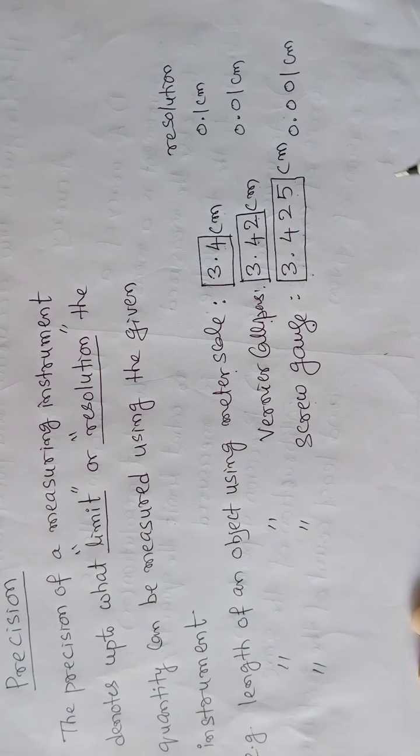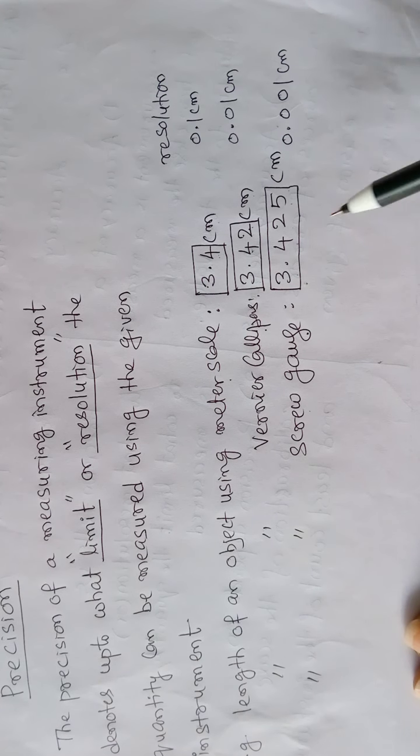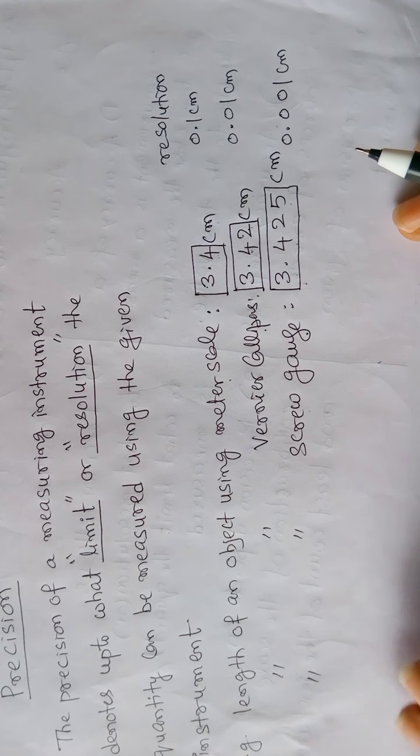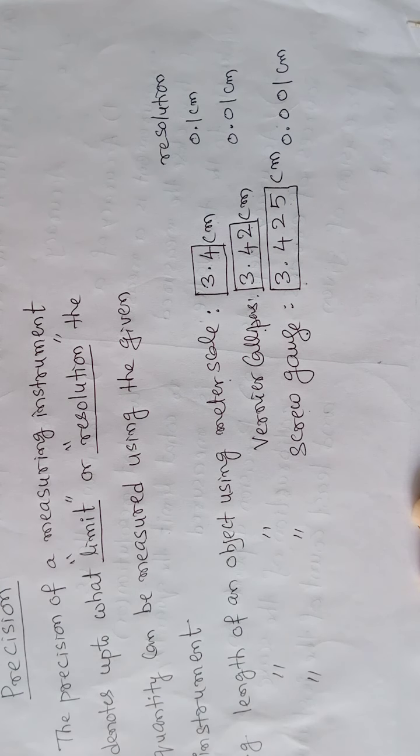And that is known as its precision. And if you measure the length of the same object using screw gauge, you get the reading 3.425 centimeters. See, it could measure up to 3 decimal places because its least count, its resolution is up to 3 places. So, up to what place it can measure, that is known as precision or resolution.